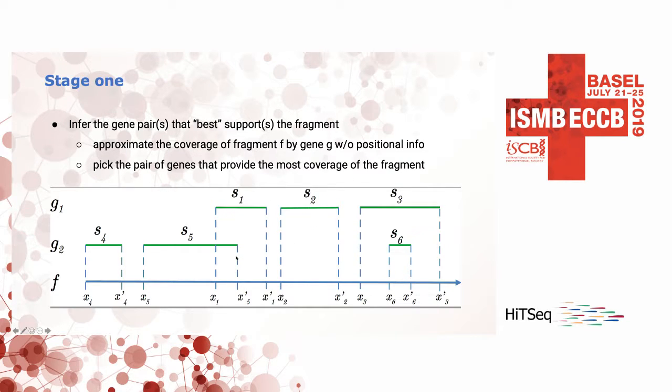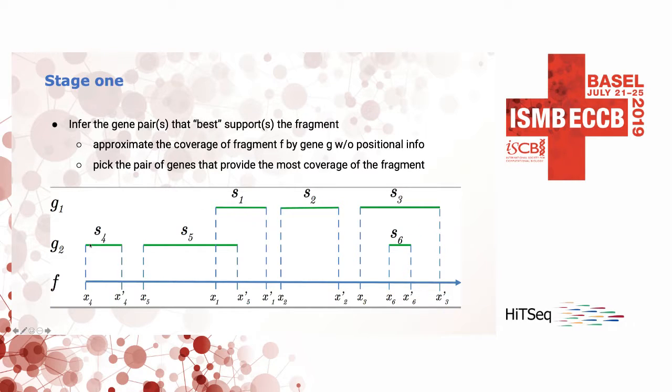The other factor I talked about earlier is that we infer the gene pairs that best support the fragment. What that means is there are 2 steps. One is we approximate the coverage of the fragment F by any gene without the positional information.